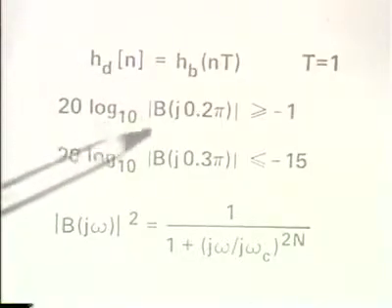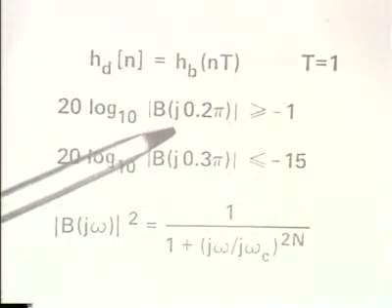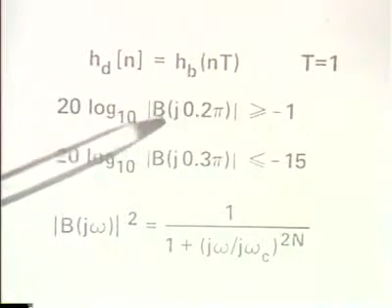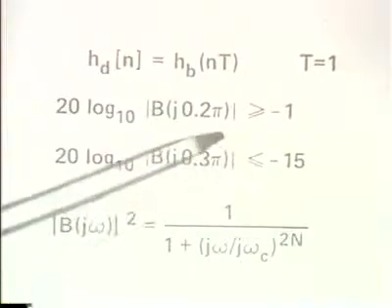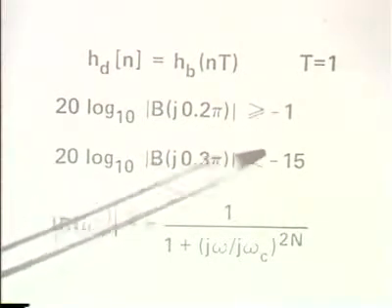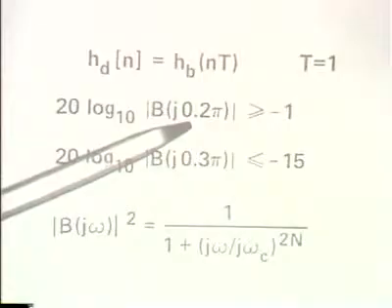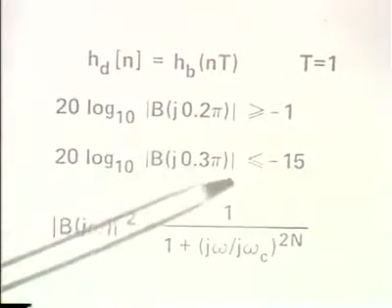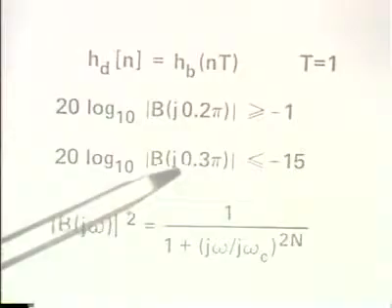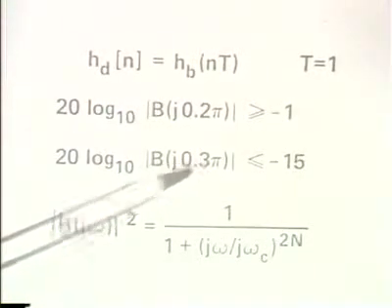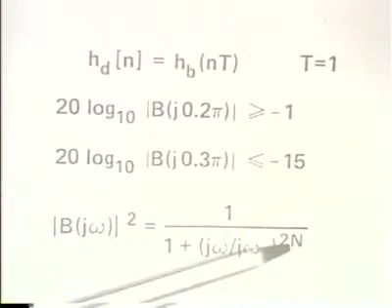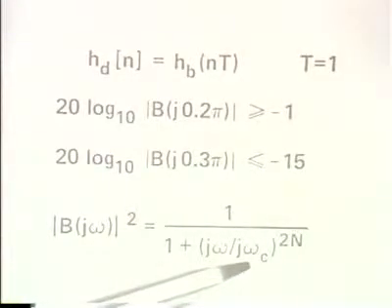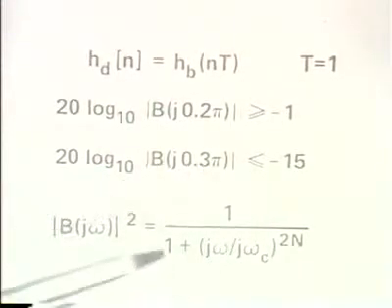What we need to do then is design a Butterworth filter. I'm using capital B here again to denote the frequency response of the Butterworth filter. The Butterworth filter should have a magnitude which is greater than or equal to -1 dB prior to the frequency 0.2 pi and less than or equal to -15 at a frequency beyond 0.3 pi. And so now what we need to do is determine capital N and omega sub c in order to meet or exceed those specifications.